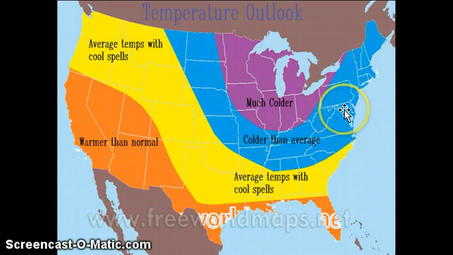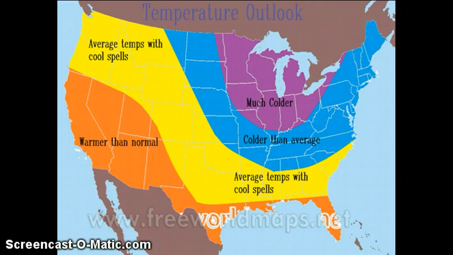They might only be a degree or two below average. The areas in the yellow will be around average, with maybe a few days where it's below average by a few degrees or so. And in the orange, these areas can expect warmer conditions than they're used to, with maybe just less cool days than warm.